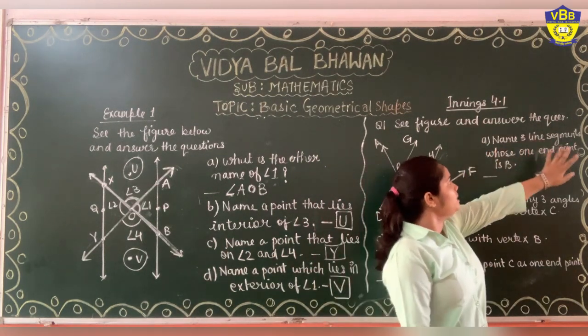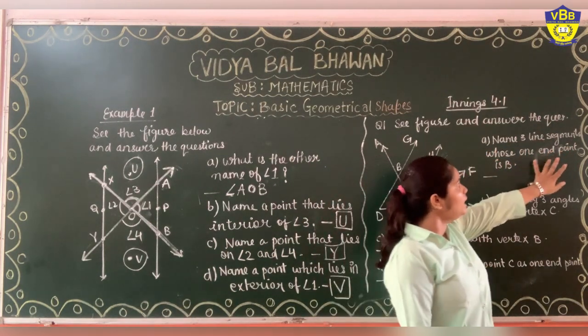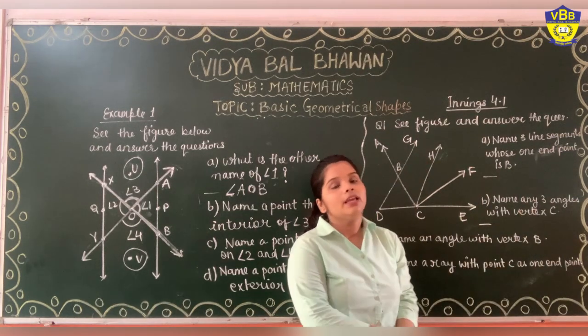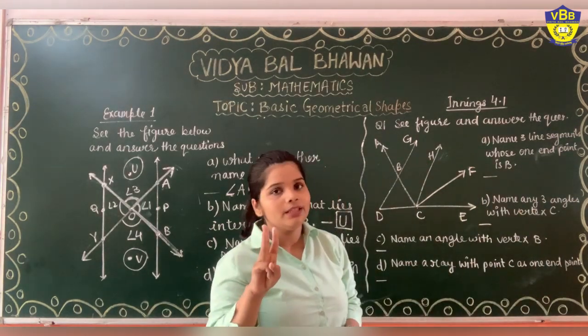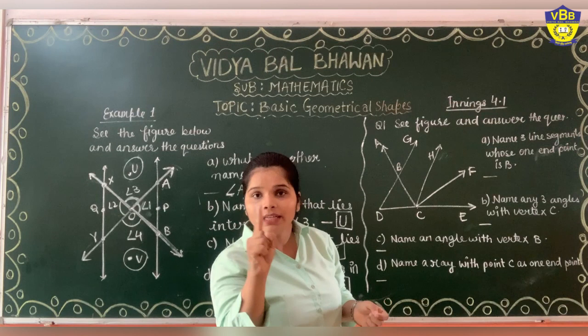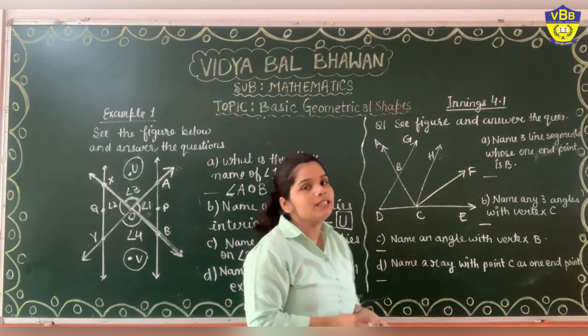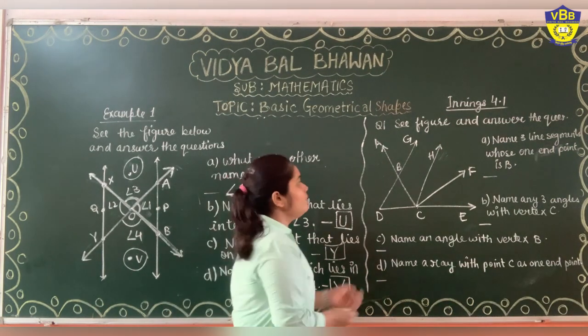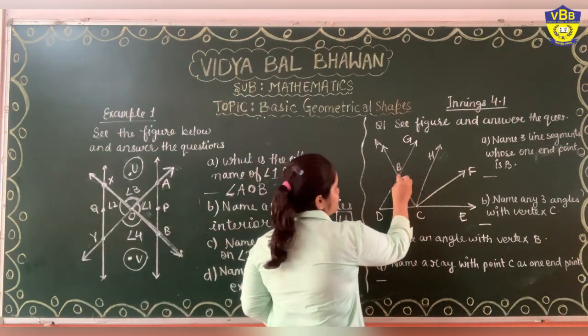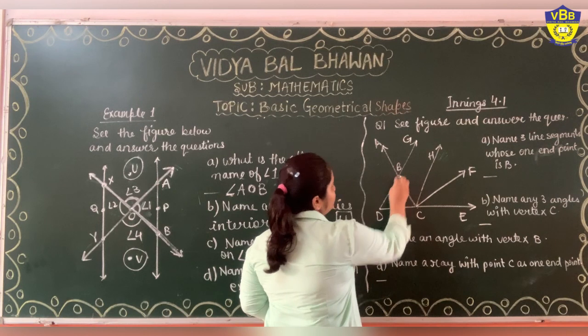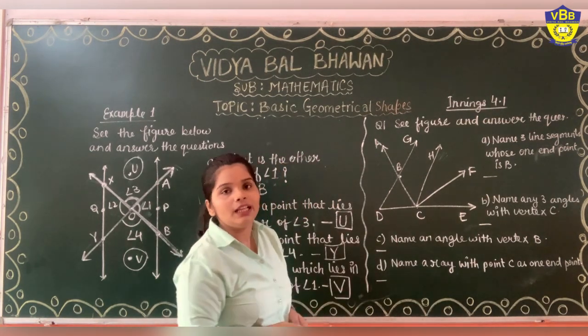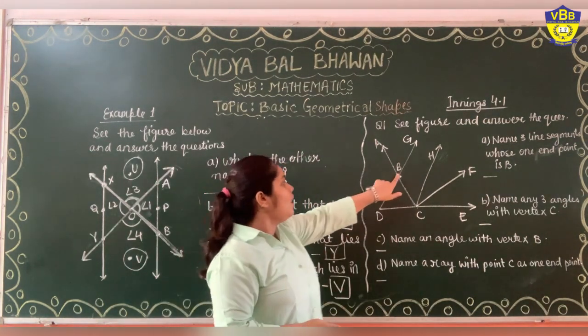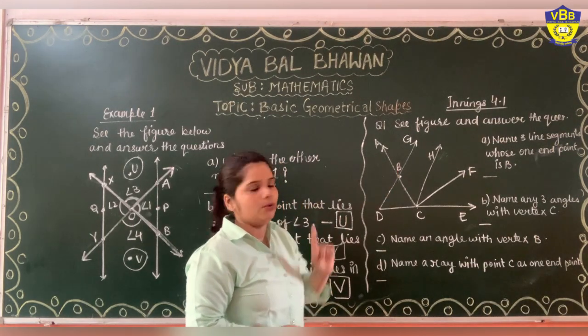Name 3 line segments whose one endpoint is B. That means line segments starting from point B. Where is B? Here it is, this one is B. You need to tell 3 line segments using this B only.